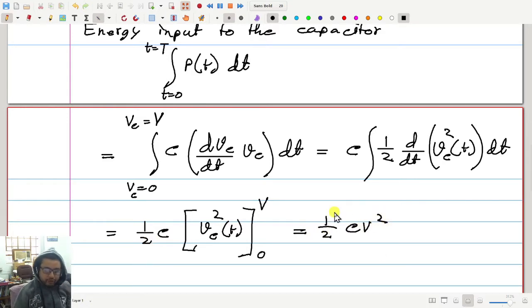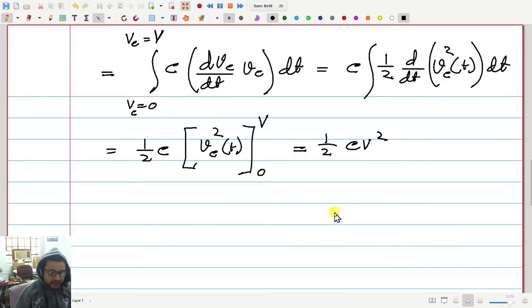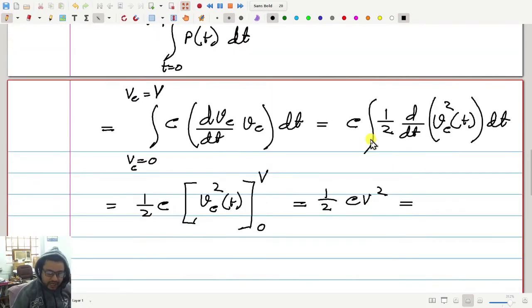This is the amount of energy stored in any capacitor as a function of voltage. You can also write this as a function of charge. This is half C, and V squared is Q squared by C squared, so this will become like this.